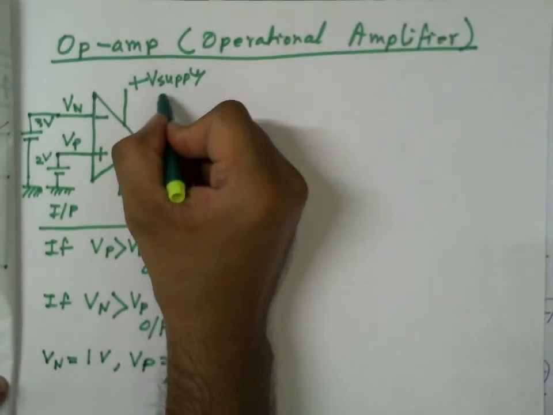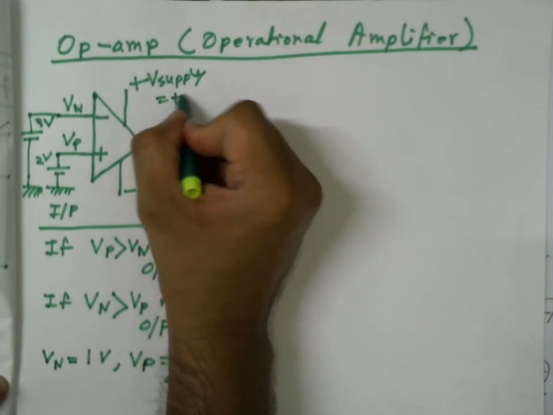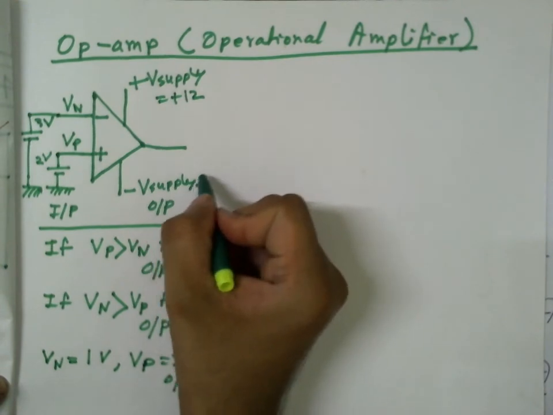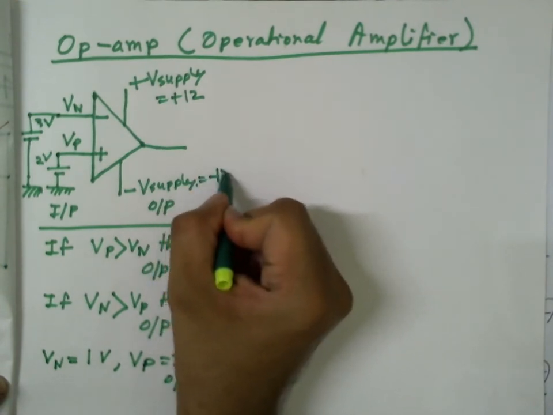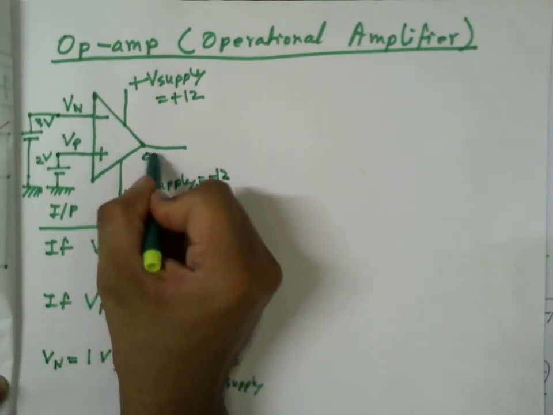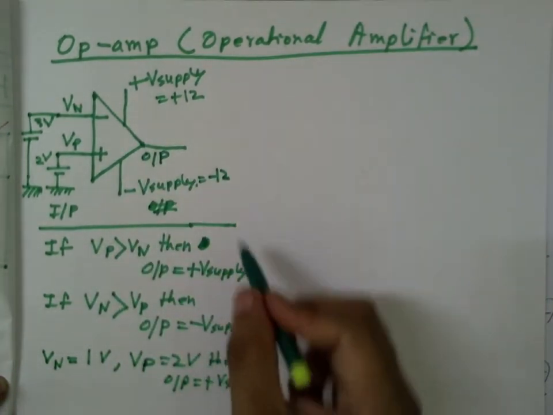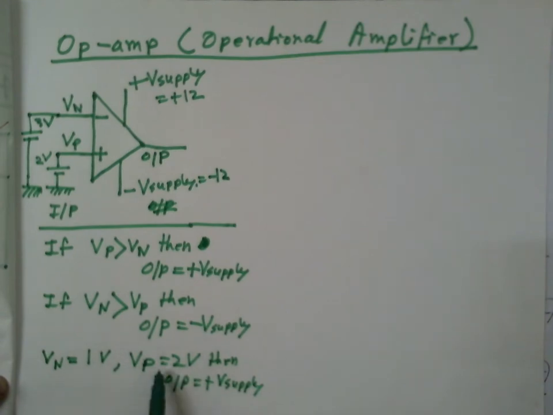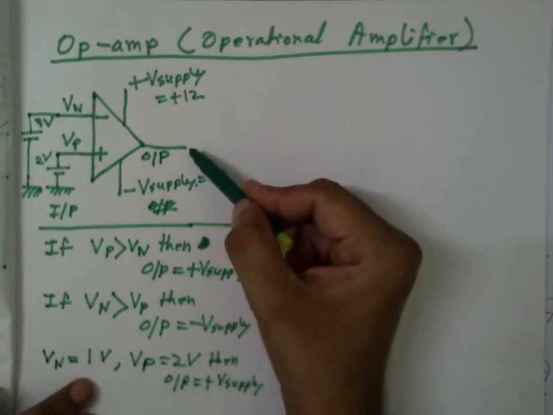If, say, this V supply is plus 12 volt here and minus 12 volt here, then in this case, when Vp is higher than Vn, the output will be plus V supply, that is plus 12 volt.